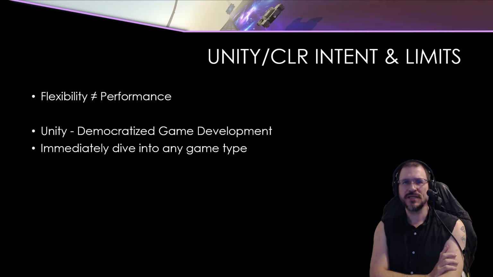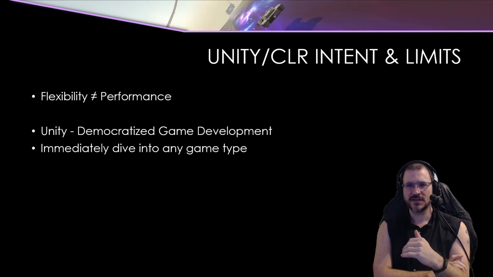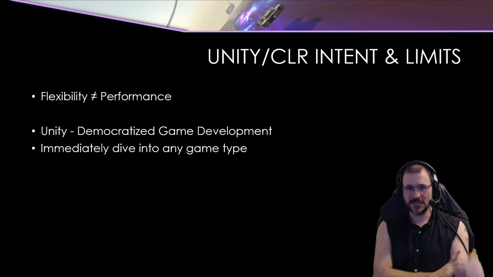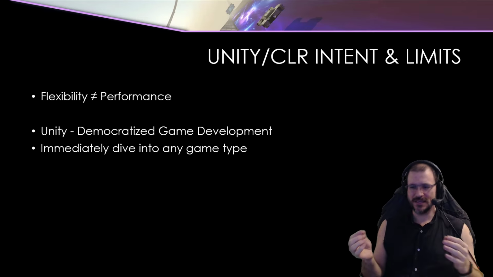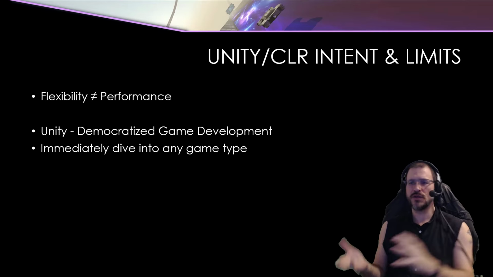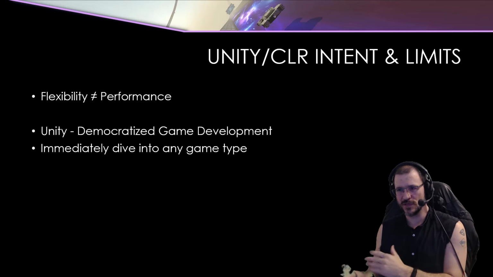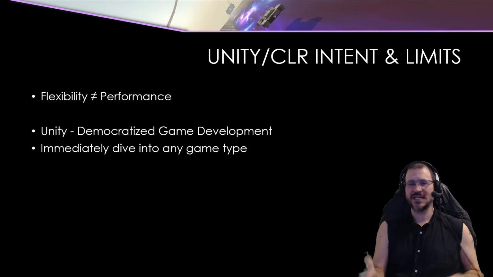Unity lets you immediately dive into any game type you want. But that flexibility comes at an expense for performance. And just about everything in Unity suffers from this. That means that when you want to make something that is really high quality physics, or that you have some very intense thing for performance that you want to do, or rendering, you very seldom can use Unity out of the box. You have to make changes.